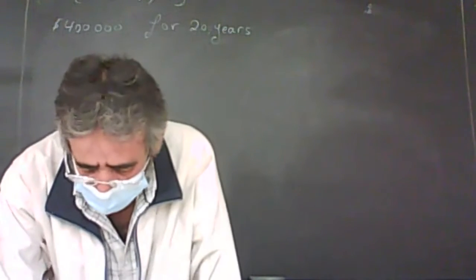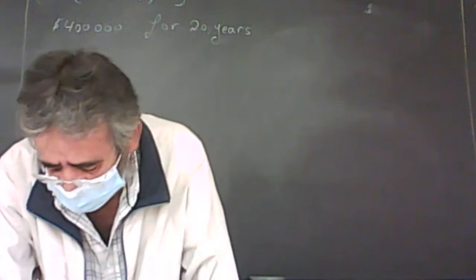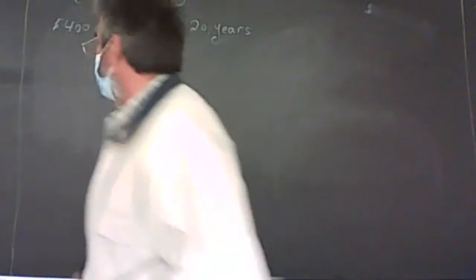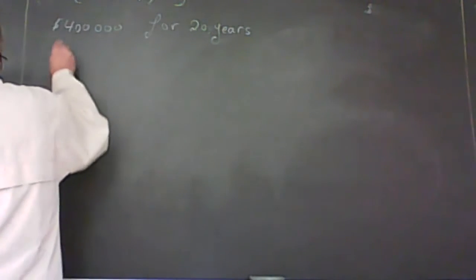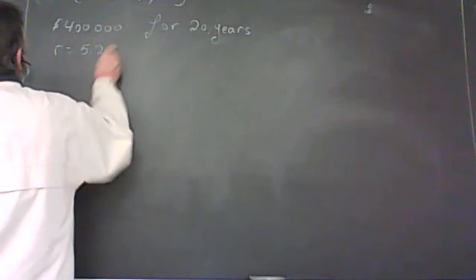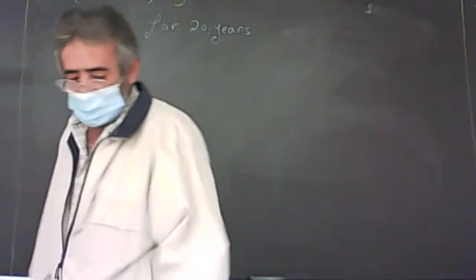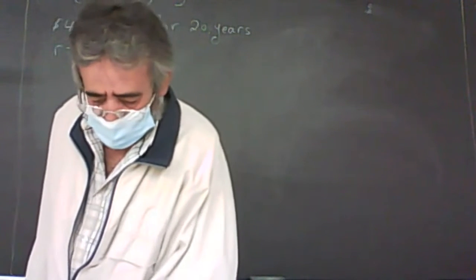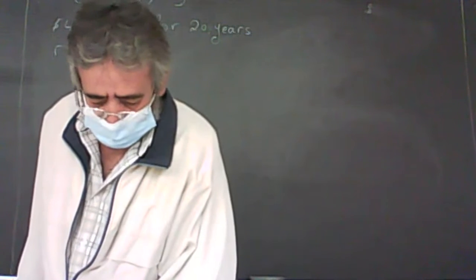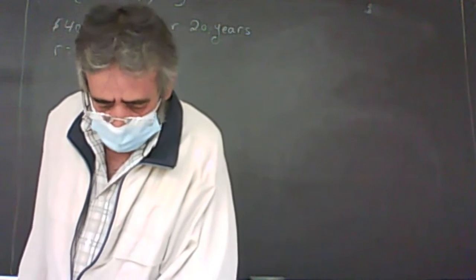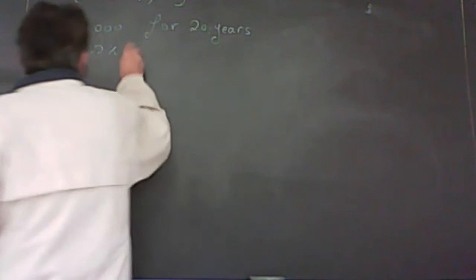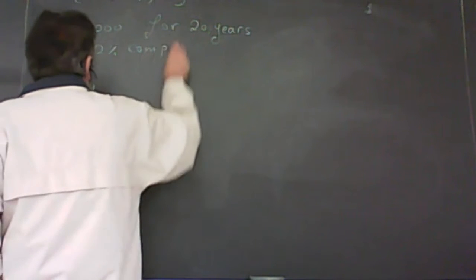The question is, it says if the interest rate is 5.2%, so we're looking at R equal 5.2%, and we're looking at monthly payment, so compounded monthly.